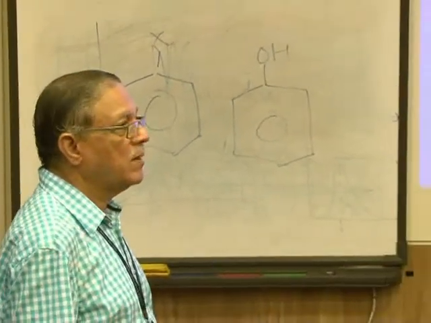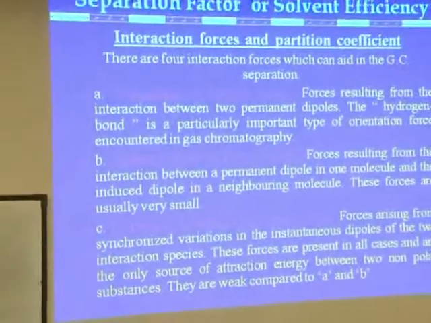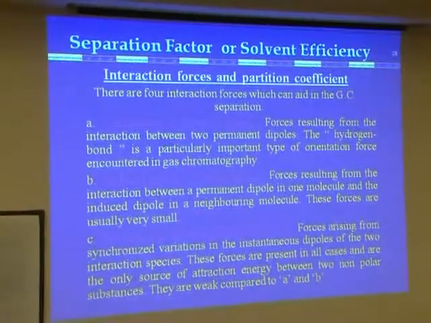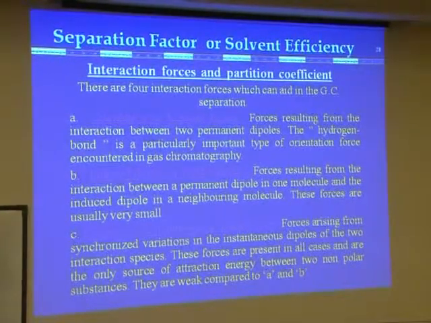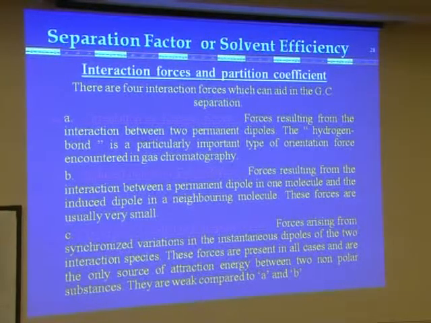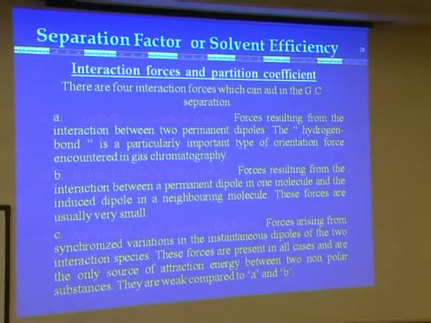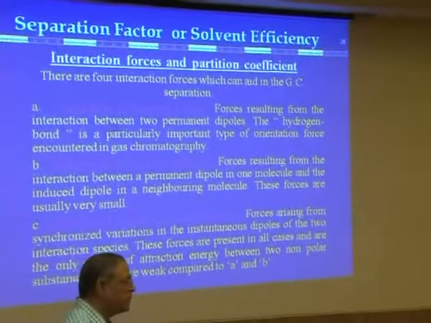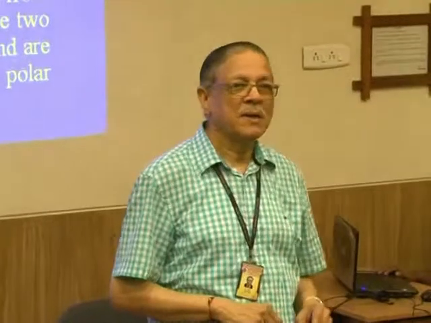Now dispersion or London forces is called. What are they? Forces arising from synchronized variation in the instantaneous dipoles of the two interacting species. These forces are present in all cases and are the only source of attraction energy between two non-polar substances. They are weak compared to A and B. So B itself is weak compared to A, and compared to A and B, C is still weaker.